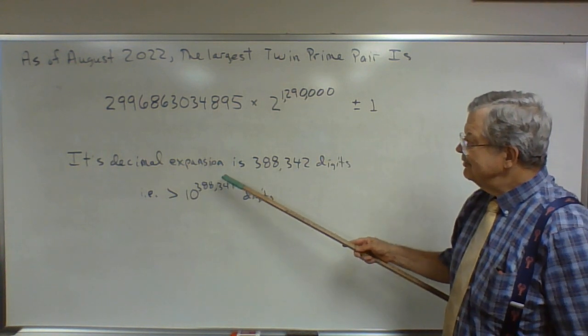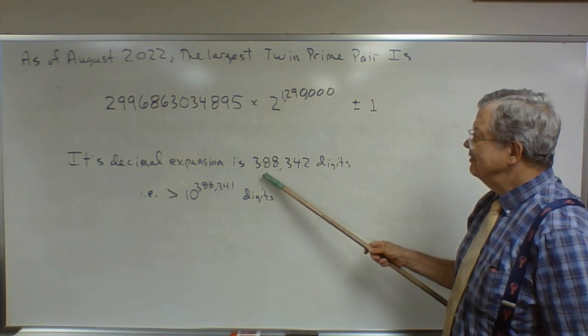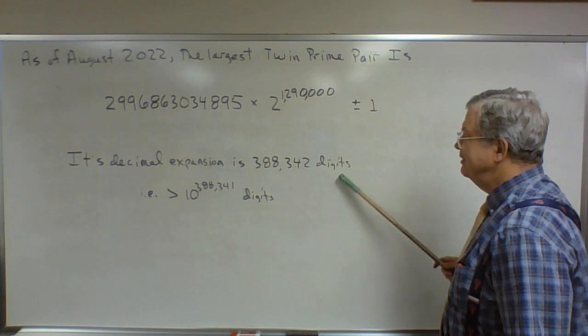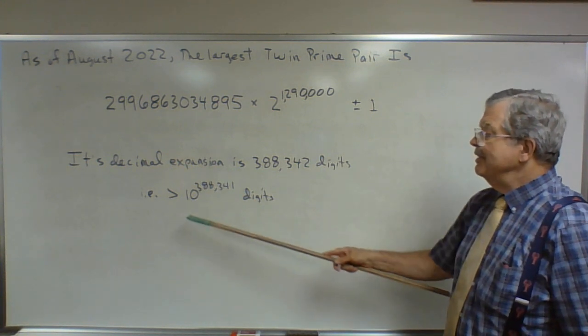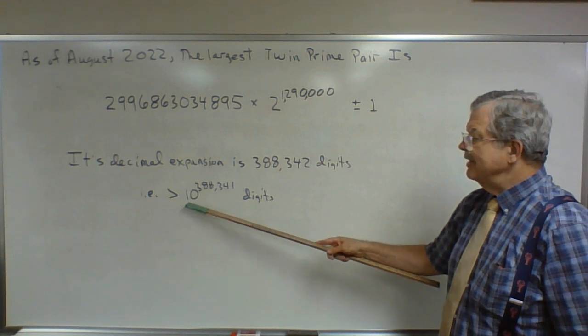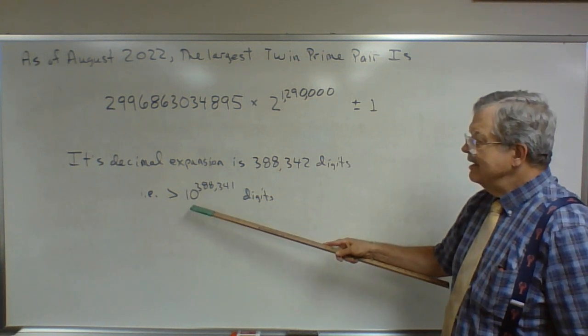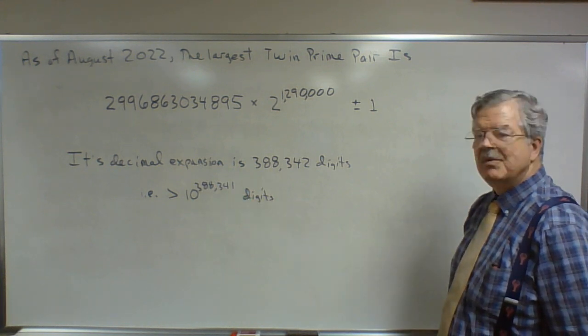The decimal expansion of these numbers is 388,342 digits. That's in base 10. So in other words, these twin primes are greater than 10 to the power of 388,341.